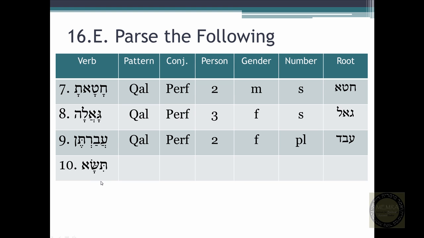Then try it out in your vocabulary. Do I know of the word nasa from my vocabulary? Yes, you do. So this turns out to be imperfect. Qal imperfect, either third feminine or second masculine, respectively, singular from nasa.